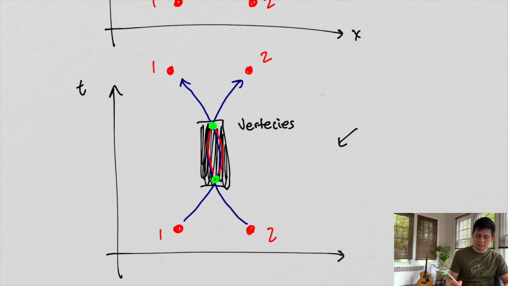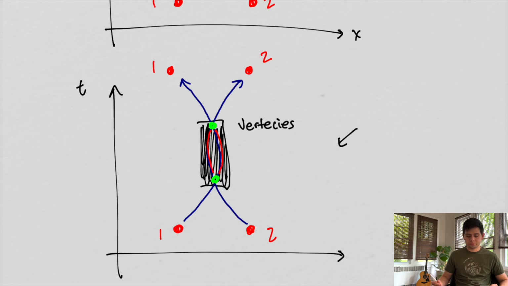And the idea here, these are Feynman diagrams, if you don't know already. But the idea here is that the more vertices that happen in this black box, that is the higher number of vertices is associated with a higher order approximation.